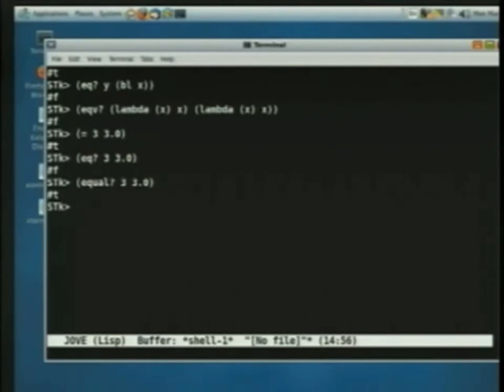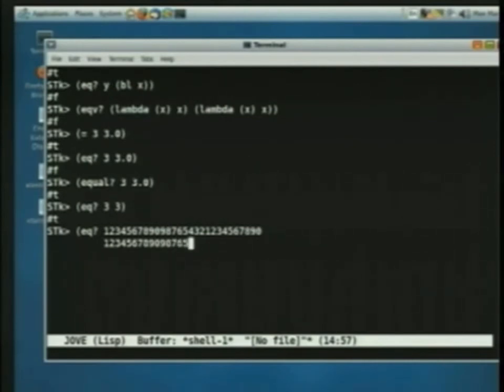But there are all these different complexities. By the way, it's not even guaranteed that this will be true. I think it will be in STK. But if I say, that's false.